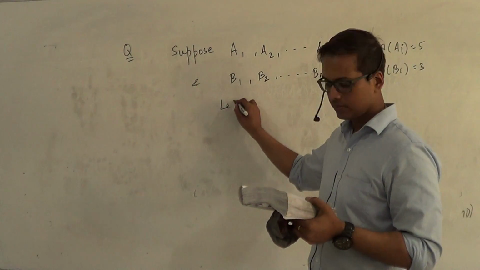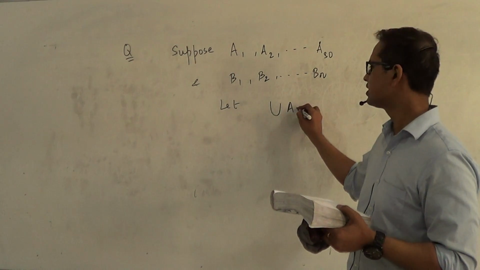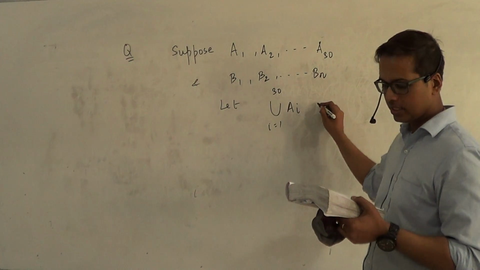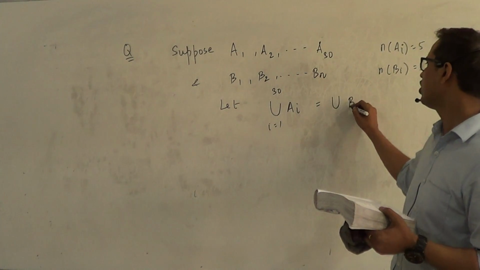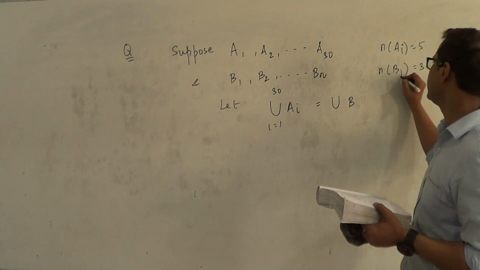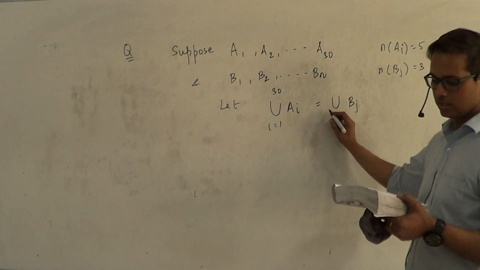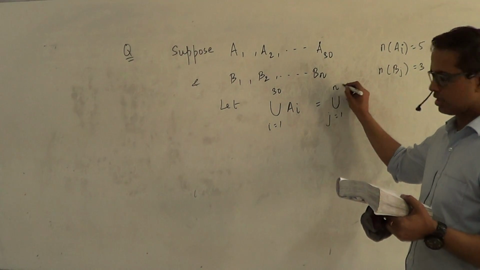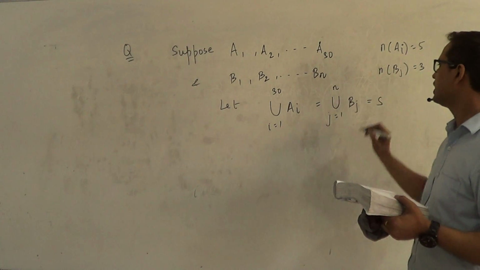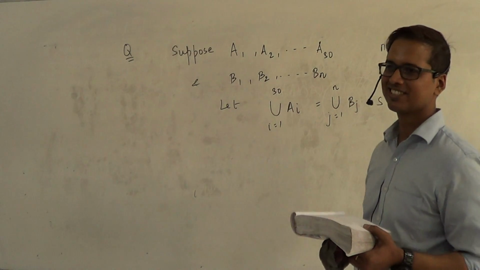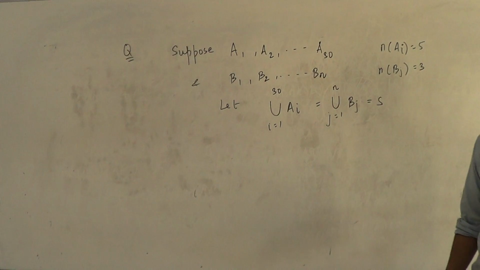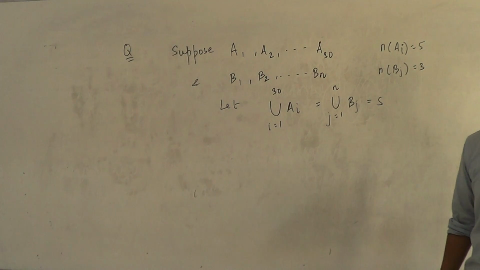Let the union of Ai from i equal to 1 till 30 be equal to the union of Bj, and this is equal to S. What is wrong?